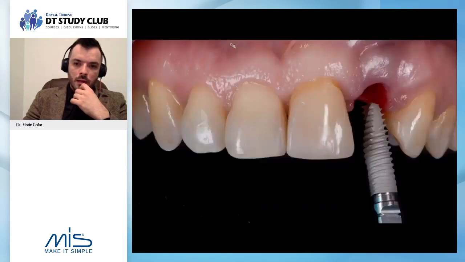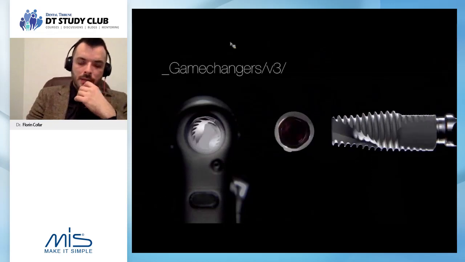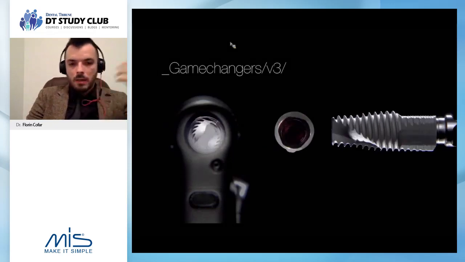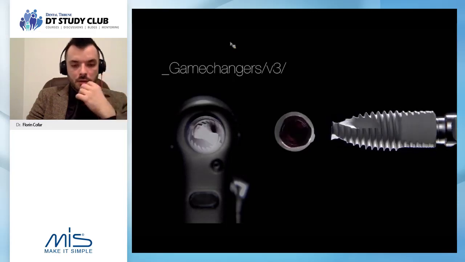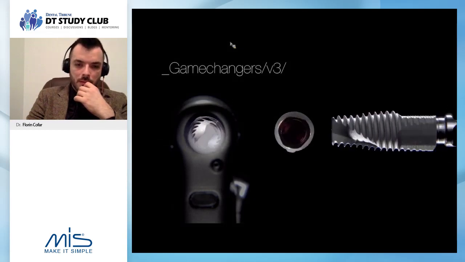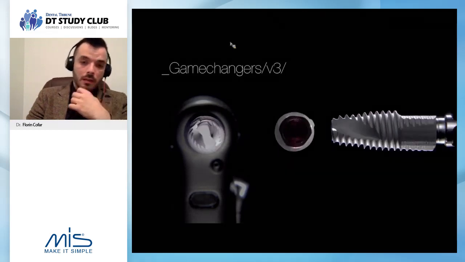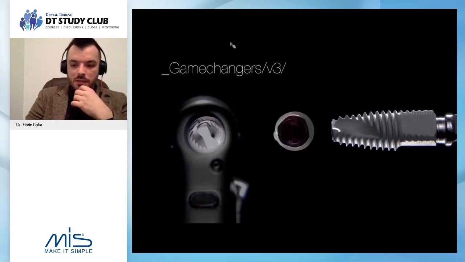Then we can place the implant, and as you can see, it's a V3 implant. I'm going to talk a little bit about this implant. As you know, I'm mainly a restorative dentist, so I work with various surgeons, but the benefits of this implant are quite obvious. It's a benefit that comes by default because of its design.